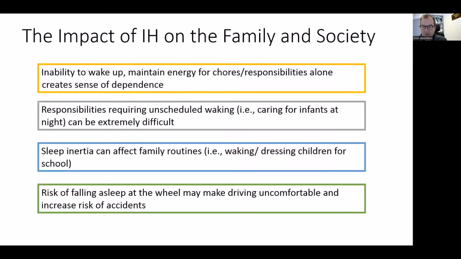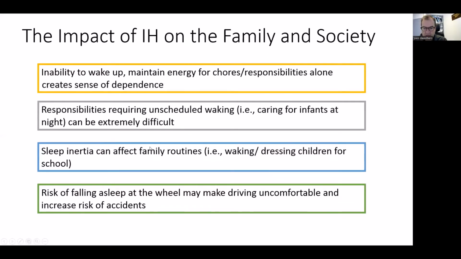So the impact of IH on family and society is huge. The inability to wake up, and to maintain energy for chores and responsibilities alone, creates a sense of dependency. Responsibilities requiring unscheduled waking can be extremely difficult, just to take care of relatives and kids at night.